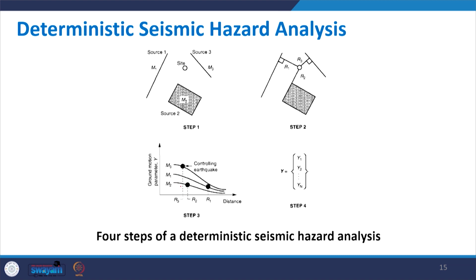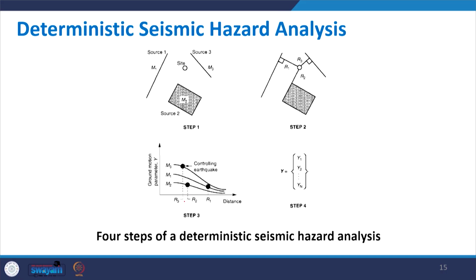Now, you could see that the largest magnitude of earthquake is M3, and this magnitude is the highest out of 3, and it has the shortest distance, which is R3. As a result, it is expected this will be the controlling earthquake because its size is large and it is nearby. However, for R2, the distance is medium. R2 and R1 have a small distance, but the size is very low, the least.